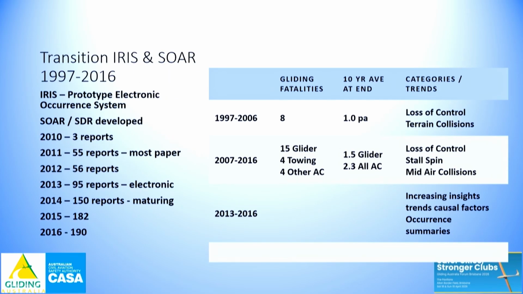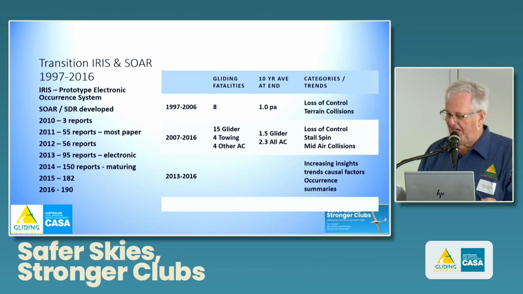So we transitioned to IRIS and SAW from the late 90s through to 2016. In the late 90s and early part of the century, we saw a reduced accident rate, or perhaps that was the loss of records in the bushfire. Then we transitioned to using IRIS and SAW, and in that time we've seen more reporting.